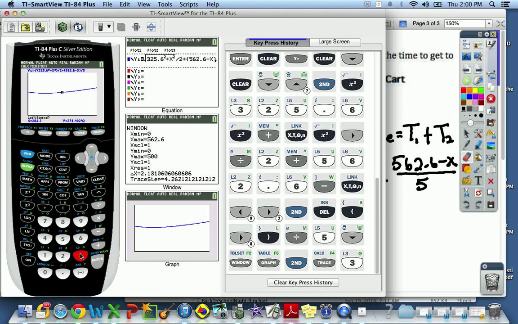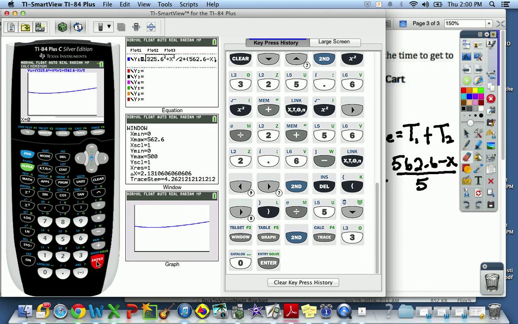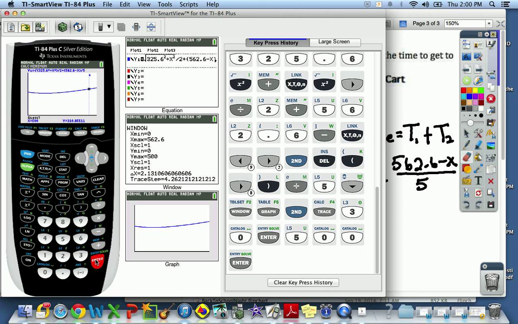Minimum. And since my x min and max are 0 to 500, I think I put in there. Minimum 142, and the x that creates the minimum time will be 142, the minimum time being 261.7.